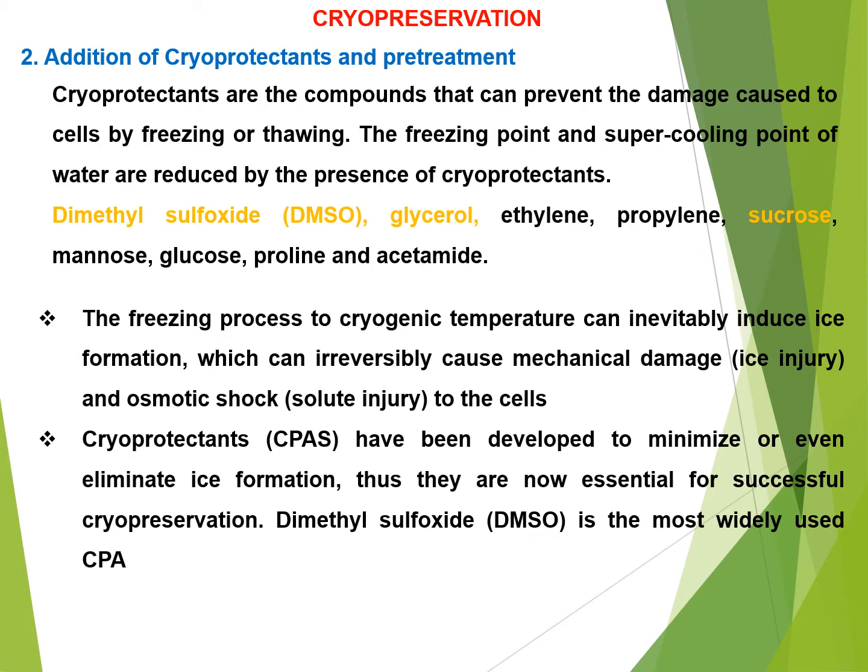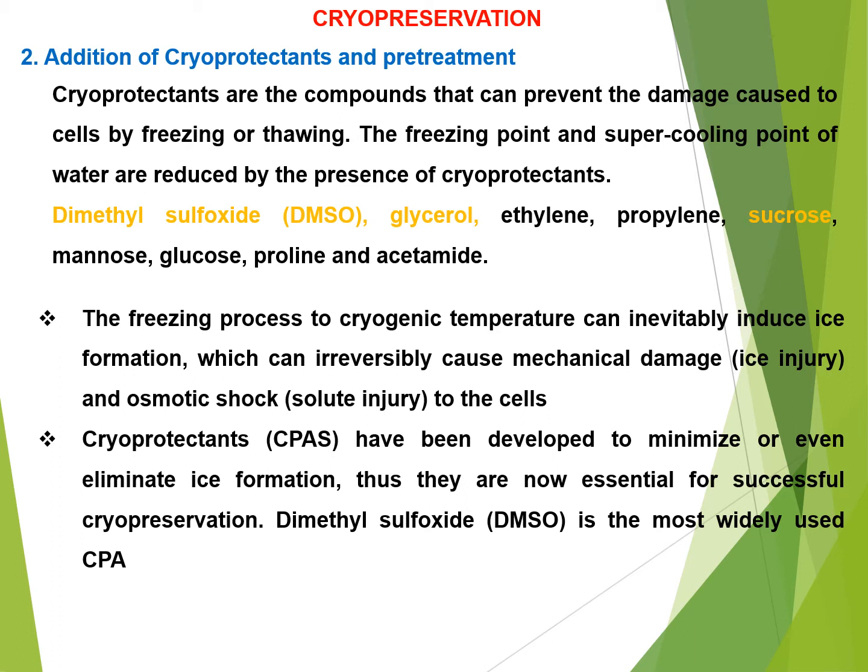Next, addition of cryoprotectants and pretreatments. As in this method, the tissues are stored at a very low temperature, the freezing process or cryogenic temperatures may lead to formation of ice inside the cells. This may lead to irreversible mechanical damage and osmotic shock.